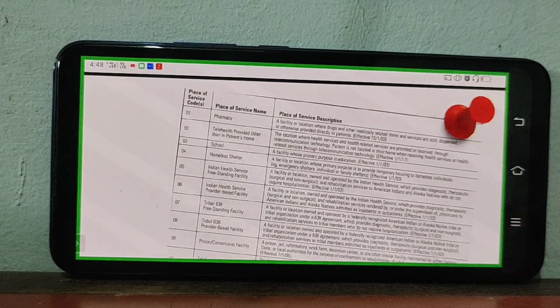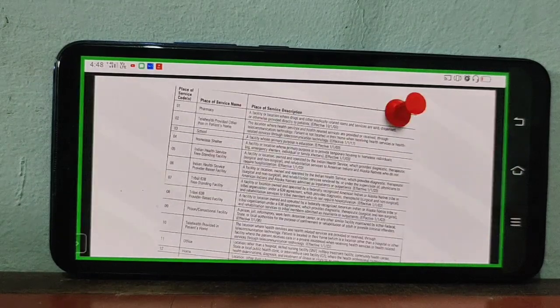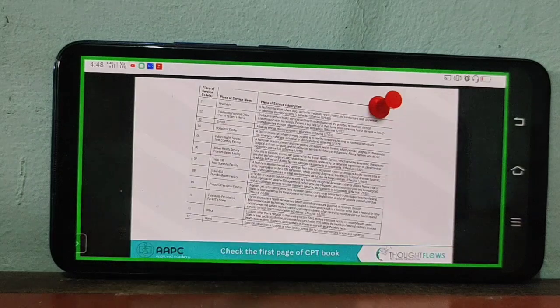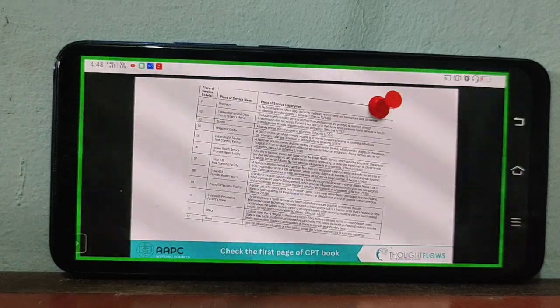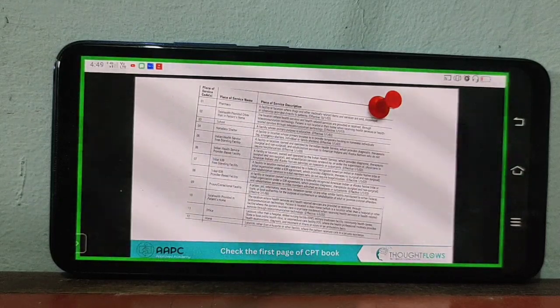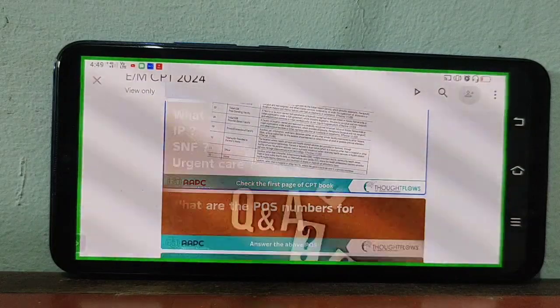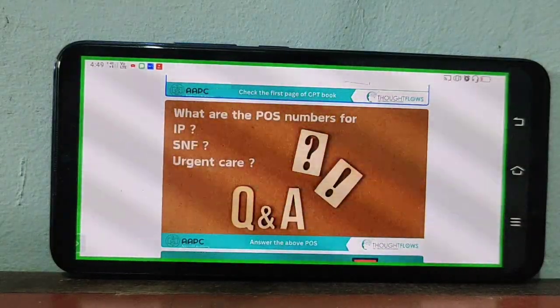That's it. Suppose in your CPC exam you face a question based on place of service, you have to check this table. You can easily get the number based on the place of service.